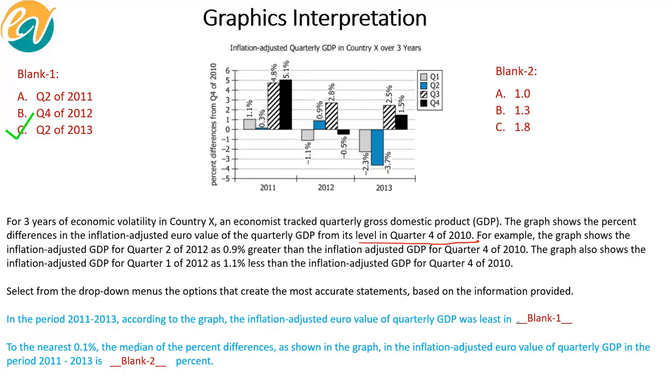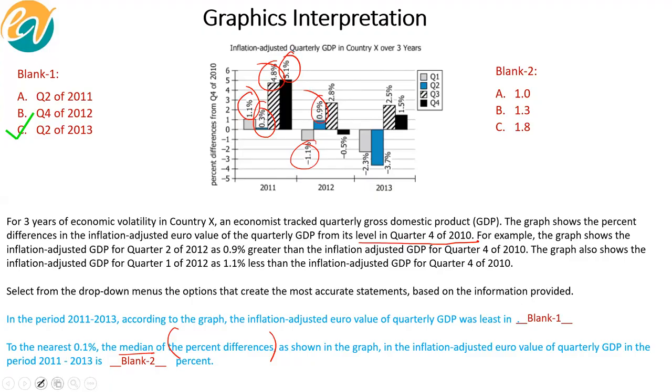So the one thing you need to understand is, what do we have to find the median for? Percentage difference, correct? And what are the percentage differences? Plus 1.1, plus 0.3, plus 4.8, plus 5.1, minus 1.1, plus 0.9, and so on. So we have to find the median for these.